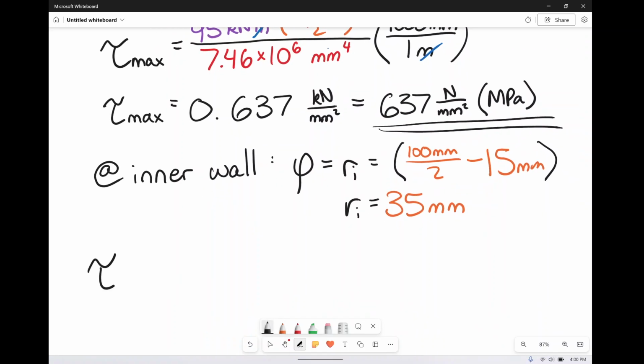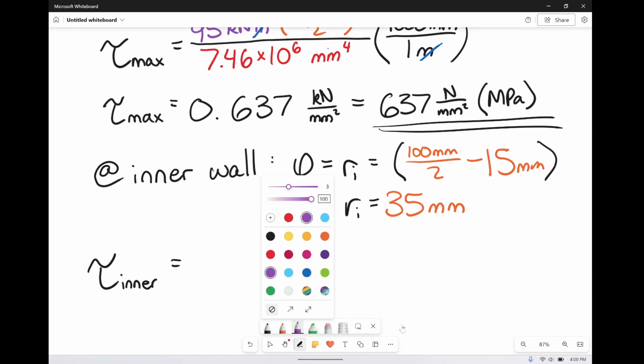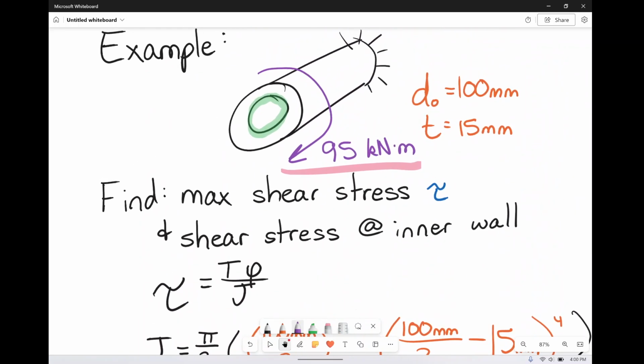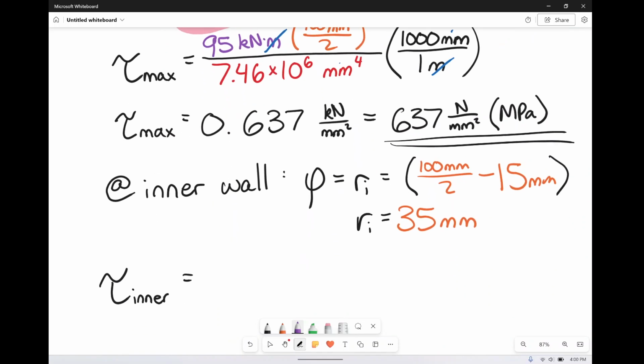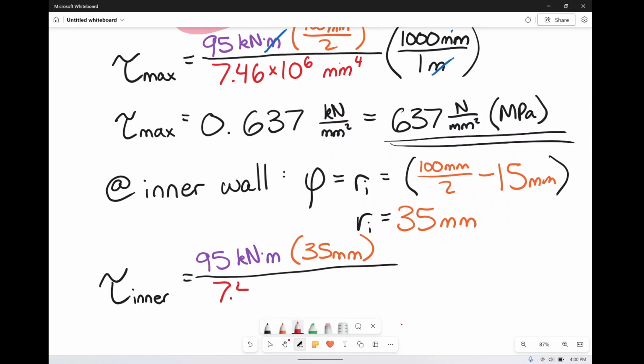So if we want to find shear stress for the inner wall, we have our torque, and our torque again was 95 kilonewton meters, times that inside radius we just found, 35 millimeters, divided by J, and J didn't change. J is still the same, so that's 7.46 times 10 to the 6 millimeters to the 4th.